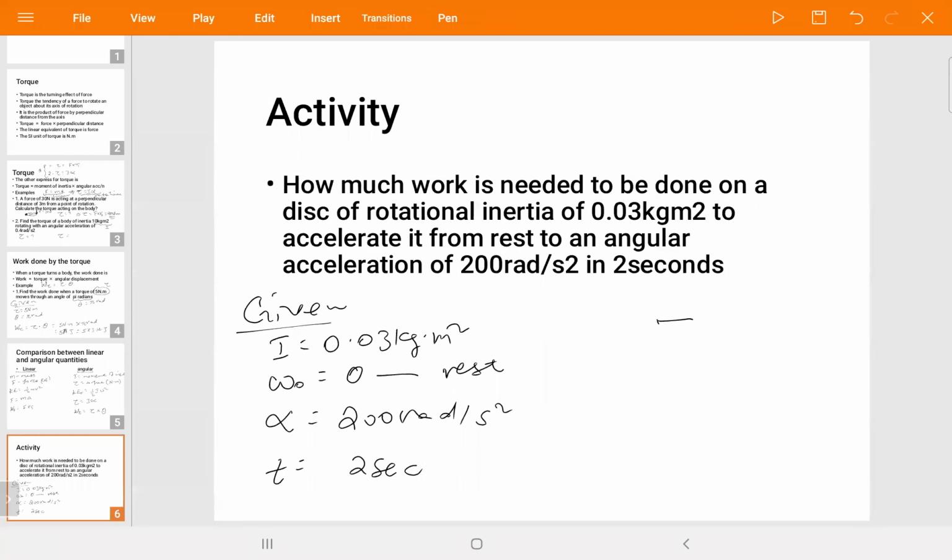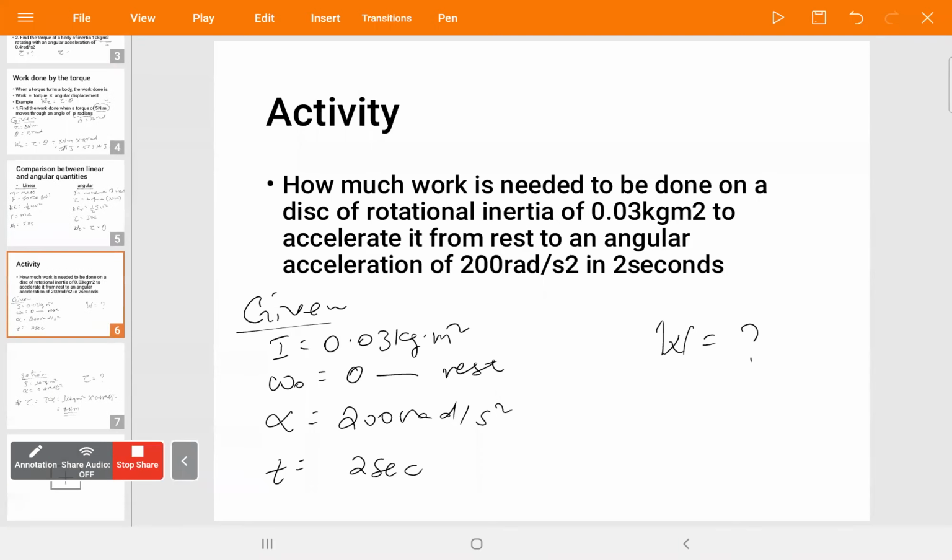Then the required quantity is the work done. So what will be the work done by? A torque, not by a linear force, but the work done by a rotating object, or work done by a torque. How can we get it? This problem has an intermediate result. First, we have to have theta.